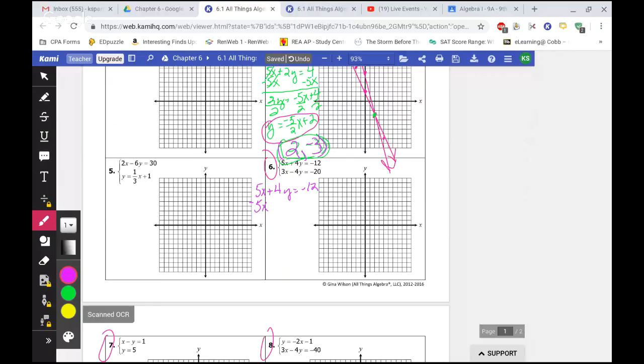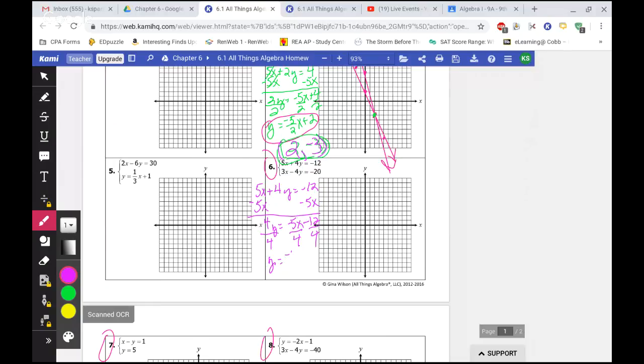We're going to subtract 5x from both sides. You've got 4y equals negative 5x minus 12. You're going to divide everything by 4.